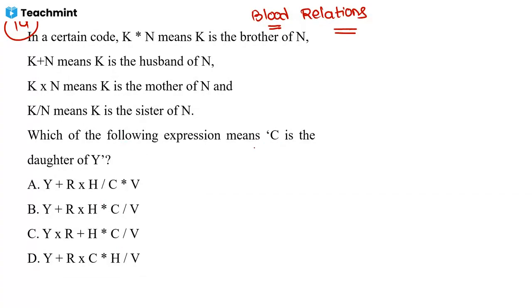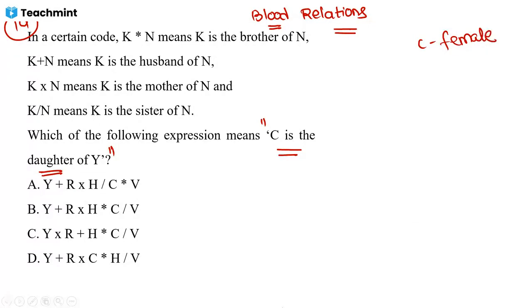I'll give one simple clue, my dear friends, to eliminate minimum 2 options. C is daughter of Y means C must be female, right? As per the relationship what you required, C is daughter of Y. Now you have to check every option in general, but we can eliminate 2 options with this simple point. C is daughter of Y means C must be female.